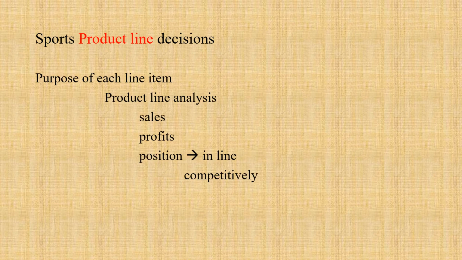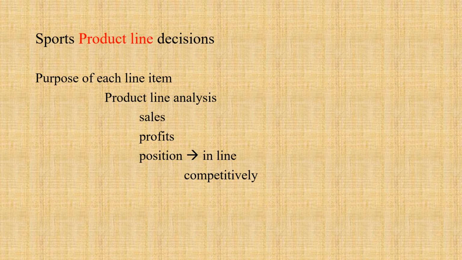When we talk about product line decisions, we often want to do a product line analysis. And of course, part of the idea behind a product line analysis is to evaluate each product in the line in terms of sales. Some companies will have 7 or 8 products in a product line, but typically most of their sales are focused on 1 or 2 or maybe 3 of the alternatives, and the rest of those products in the line really don't sell much.